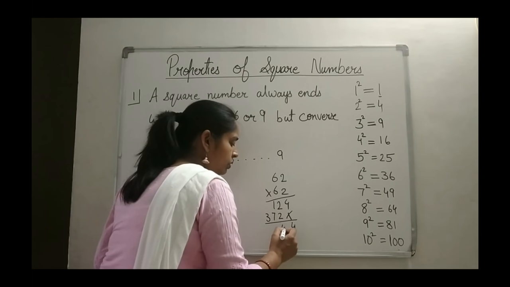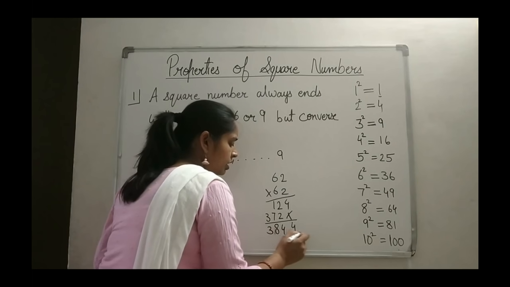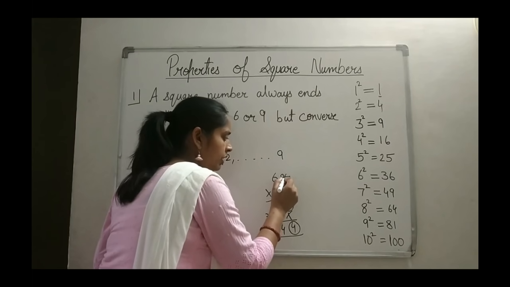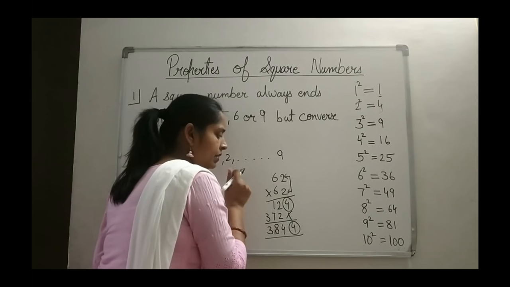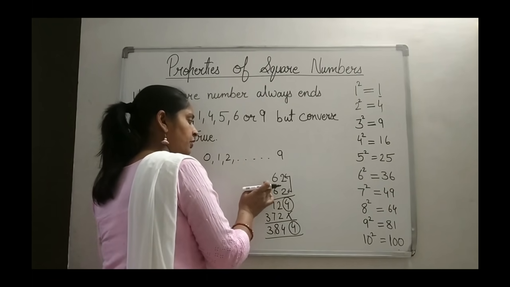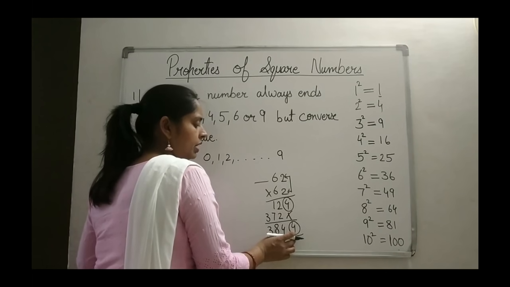So 4, 4, 8 and 3. You can see the number is ending by 4 because 2 is multiplied by 2, ones place is multiplied by ones, and the answer is 4. So even if you increase the digits here, the number will always end by 4.